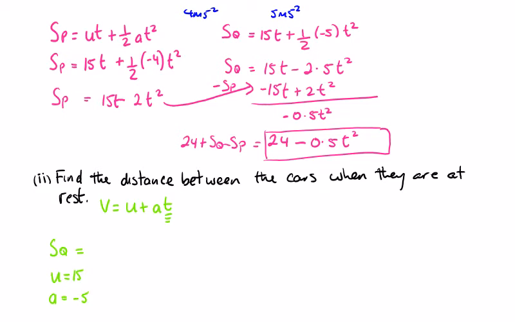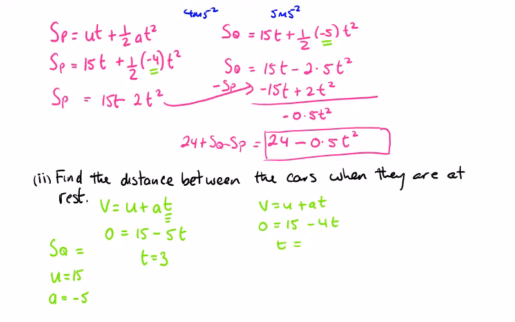Just double check that for Q. Yeah, minus 5 for Q, and the 4 was with P. So we're going to have 0 is equal to 15 minus 5T. So T in this case will be equal to 3. And for P, the variables are 15 again for U and minus 4T.